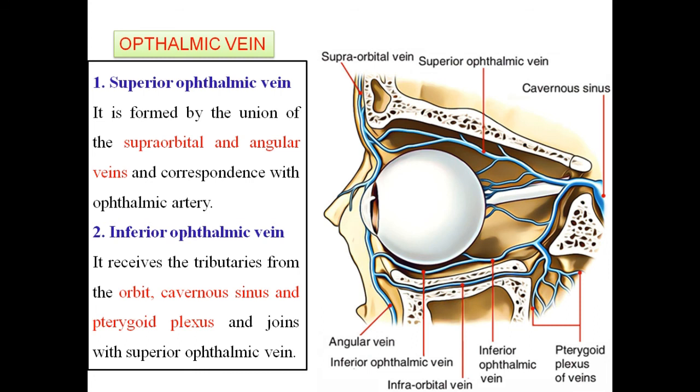The superior ophthalmic vein receives blood from the angular vein, a tributary of the facial vein, and the inferior ophthalmic vein receives blood from the deep facial vein through the pterygoid plexus. So both finally drain into the cavernous sinus.